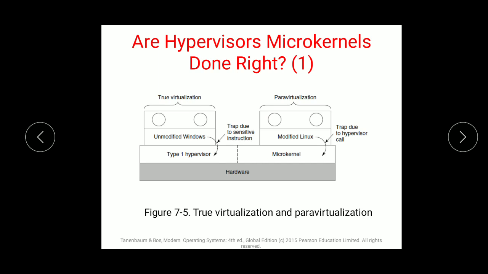The para-virtualized guest operating system calls the hypervisor for sensitive operations, just like a user program, so the guest OS makes calls to the hypervisor just like a normal user program.